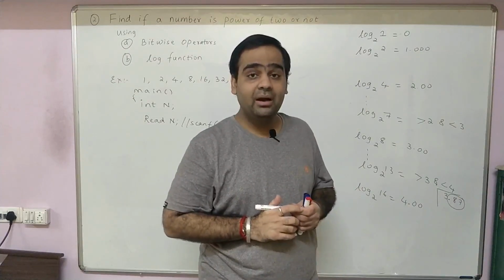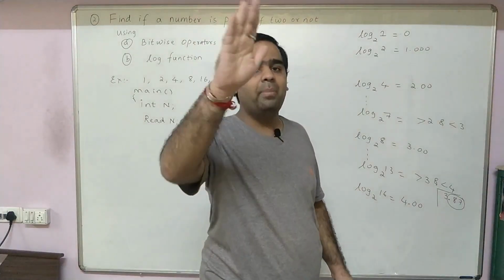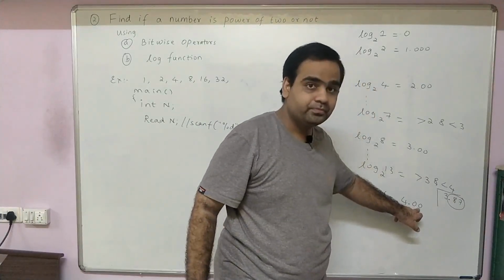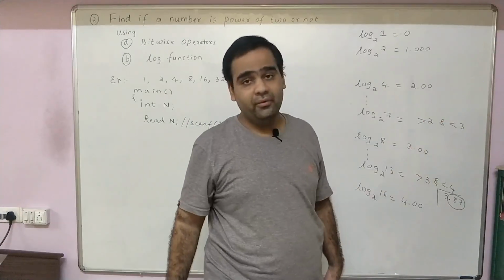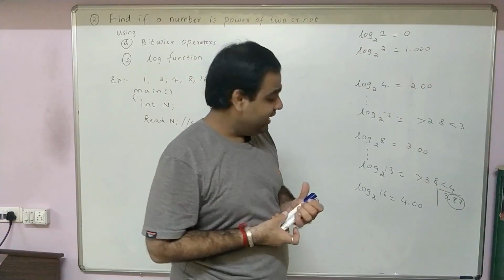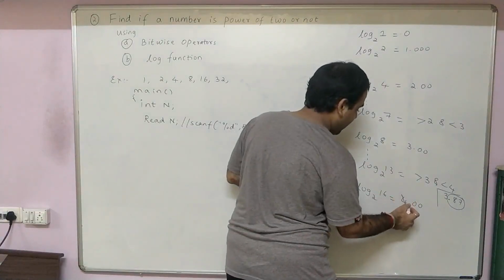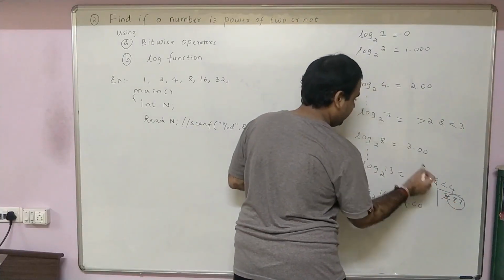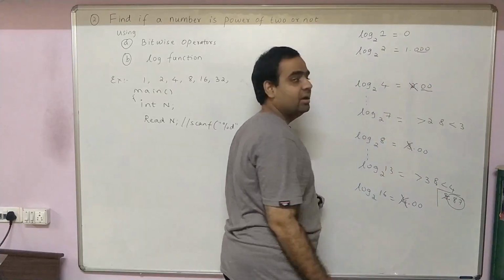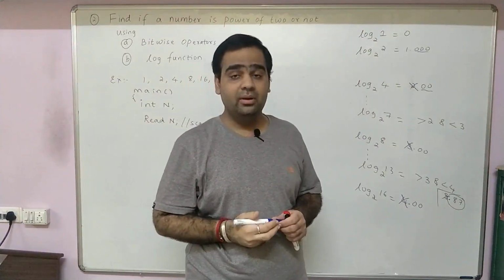If the decimal part is not 0, it cannot be a power of 2. And if the decimal part is 0, it means it is a power of 2. So I need to remove the integral part and concentrate on the decimal part.